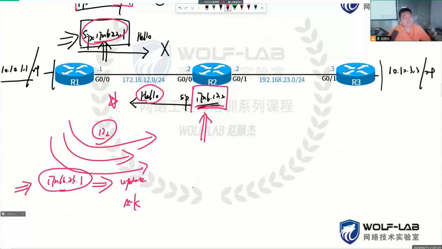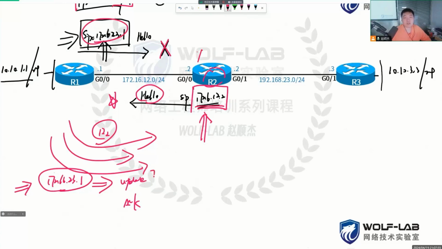R1 will immediately send update packets to R2 and wait for the other party's ACK for confirmation. We use 172.16.23.1 as the source, and send an update to the newly established neighbor R2 to ensure this reliability.